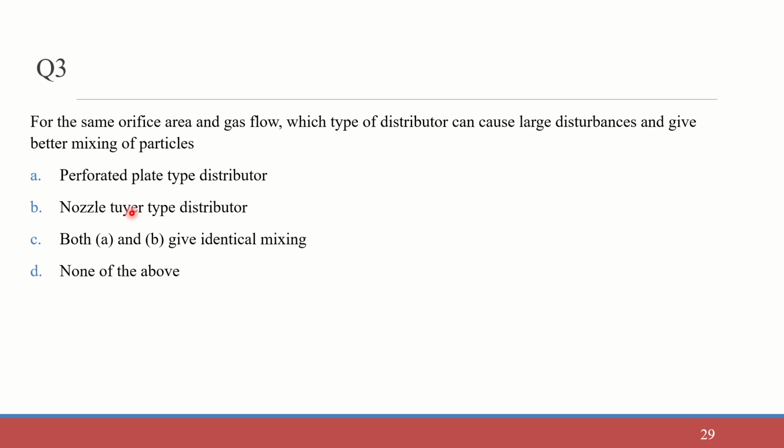Option A, perforated plate type distributor; option B, nozzle tube type distributor; option C, both A and B give identical mixing; option D, none of the above. It should be the nozzle tube type distributor. Option B is the right answer.